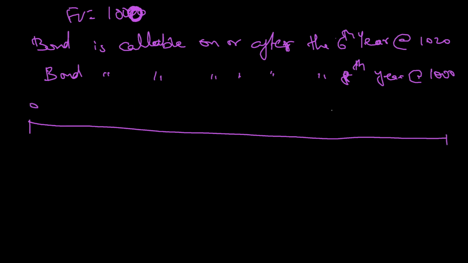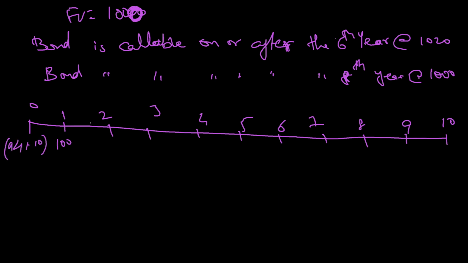So I'm drawing the timeline here. 10-year bond. So 1 2 3 4 5 6 7 8 9 10. Then payment is 100. Present value is 941.10. Then 100.